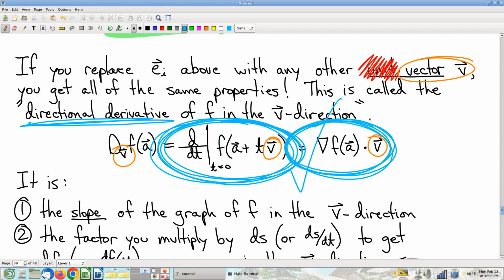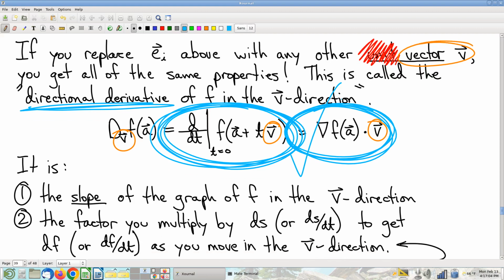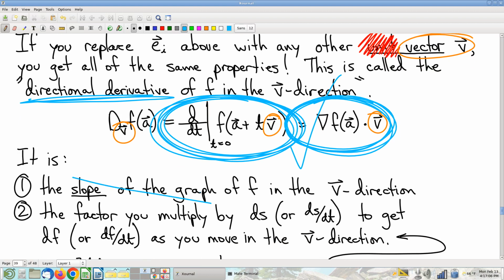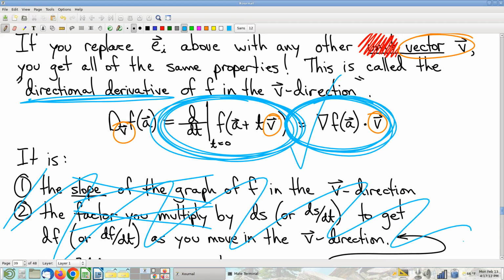Directional derivative kind of gets at, as terminology, what it is that's happening here. Still pretty interesting. The only cost is it's no longer a slope, and it's no longer a factor. So all of this business down here you lose.